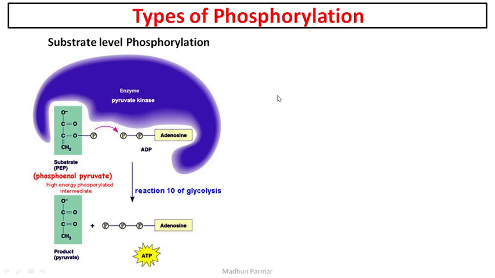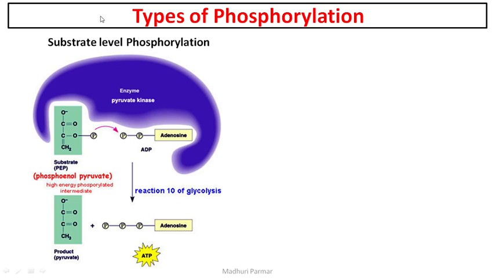Now we shall discuss the types of phosphorylation. We saw the electron transport chain as well, but there was no ATP generated. So where is this ATP going to get generated? Let us understand. There are 3 types of phosphorylation in biology. The first one is called substrate level phosphorylation.